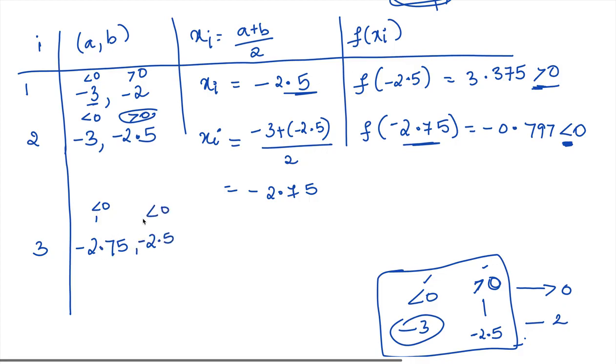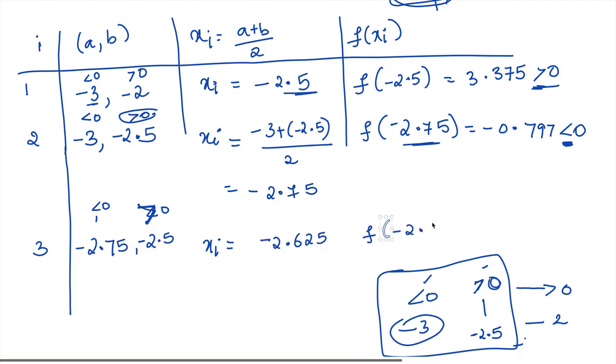So this is less than 0 and this is greater than 0. So our root lies between these two numbers. Now xi is (minus 2.75 plus minus 2.5) divided by 2, which is minus 2.625.